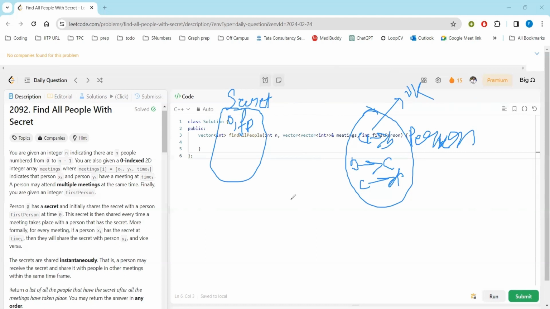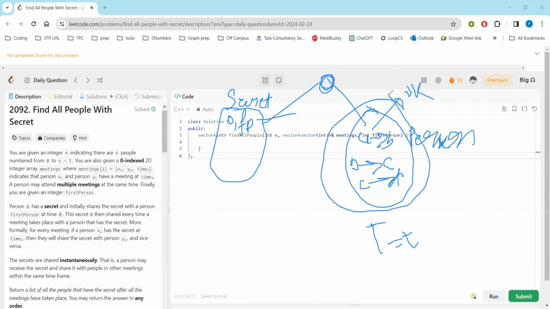But now, if in the same time frame, there is a meeting between any person from this secret group and any person from this unknown group, that means can we say all these persons will now know the secret?